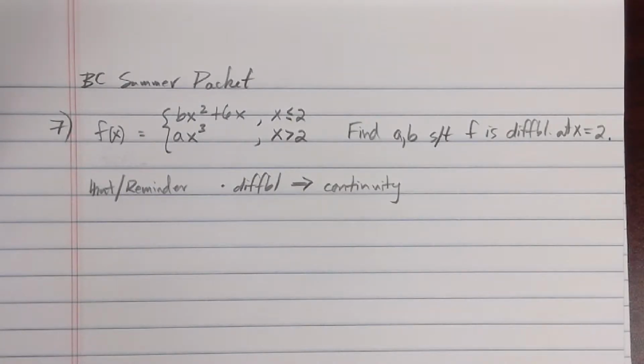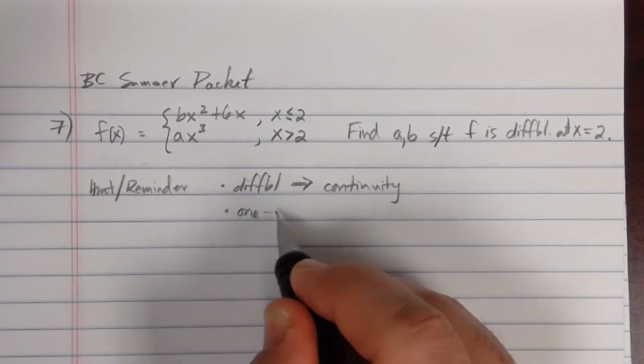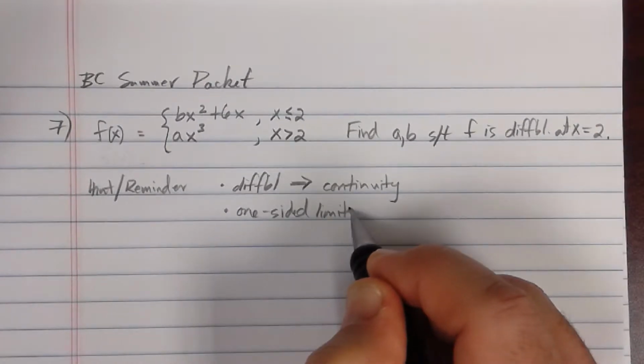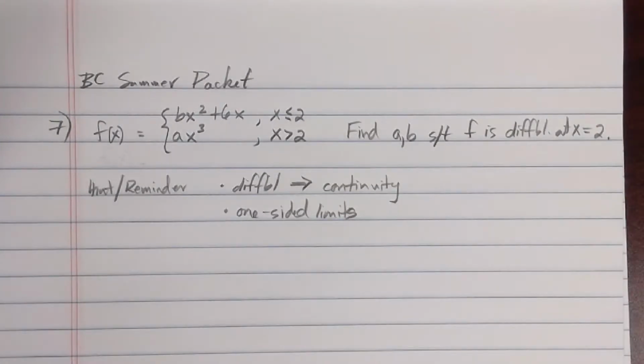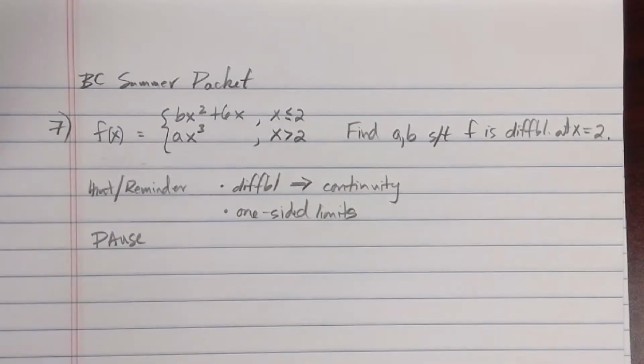The second thing is that you're going to need to use one-sided limits. This is going to be helpful for both determining continuity at x equals 2 and differentiability. So this would be the point where you should pause the video and see if you can solve the problem yourself given these hints.